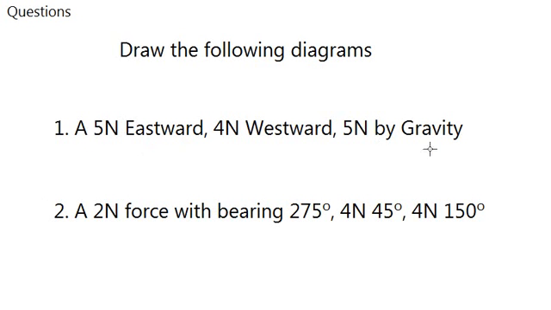I got lazy to write the whole bunch of sentences, so there is a 5 Newton force going to the east, a 4 Newton force going to the west, and a 5 Newton force by gravity on a particle. So both questions are on a particle. And the second one is a 2 Newton force with a bearing of 275, then a second force of 4 Newtons at 45 degrees, and a 4 Newton force at 150. So those are the questions.